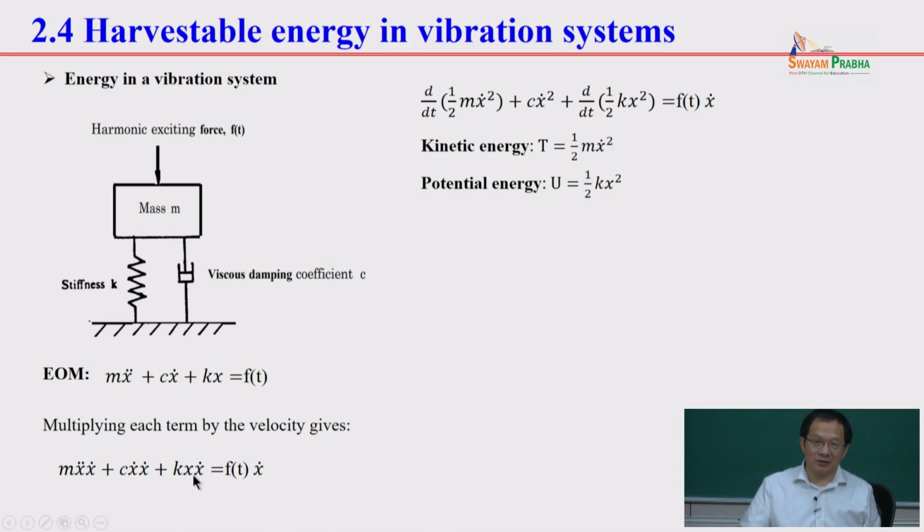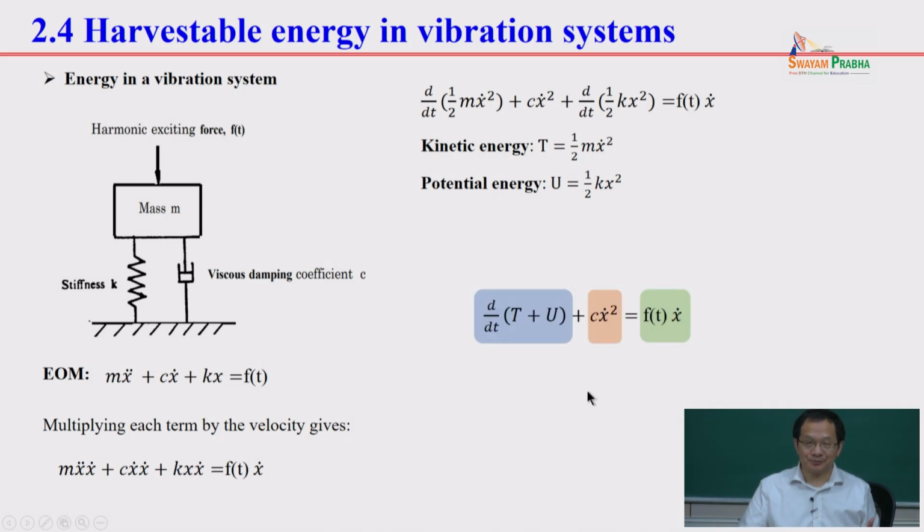There are terms k x times x dot and m x double dot times x dot. You can write k x x dot as d/dt of (1/2) k x squared, and m x double dot times x dot as d/dt of (1/2) m x dot squared. So basically, that part is the time derivative of kinetic energy, and this part is the time derivative of potential energy.